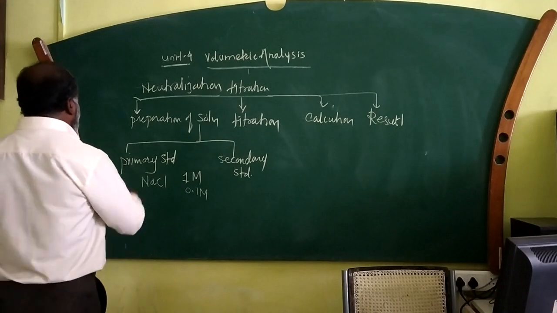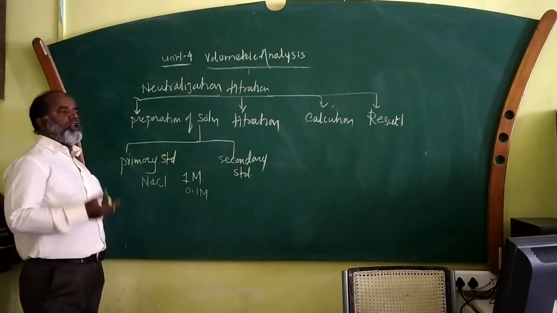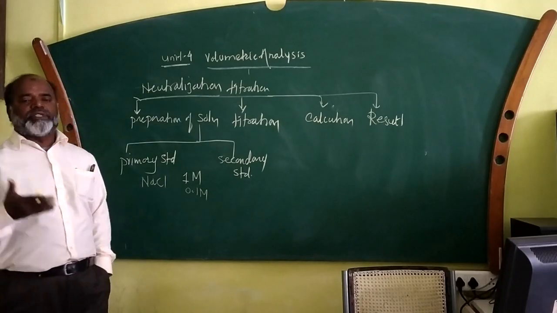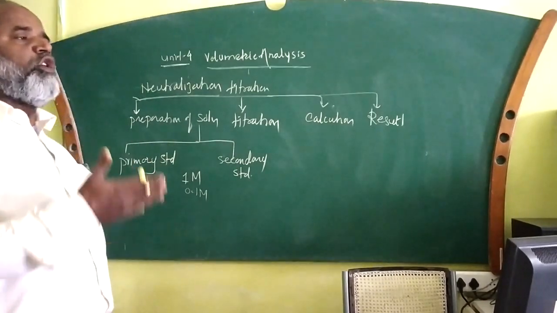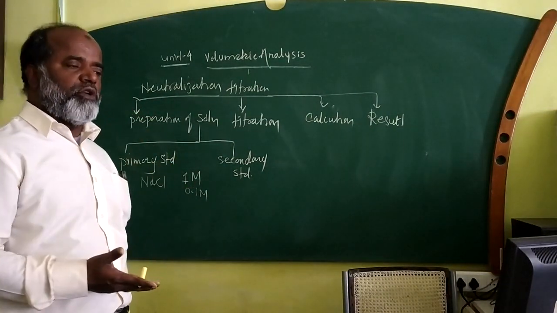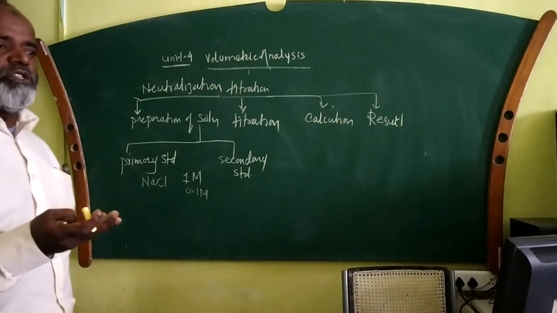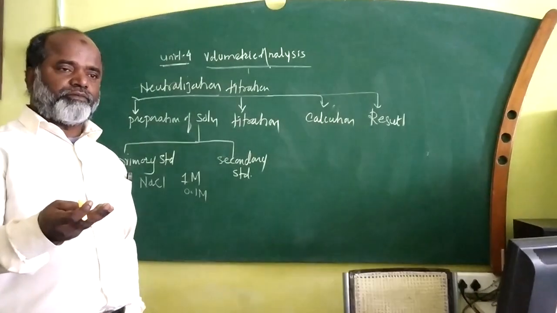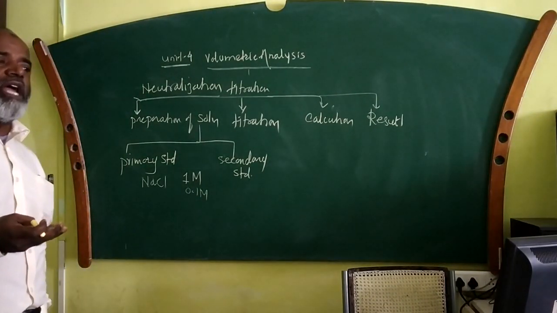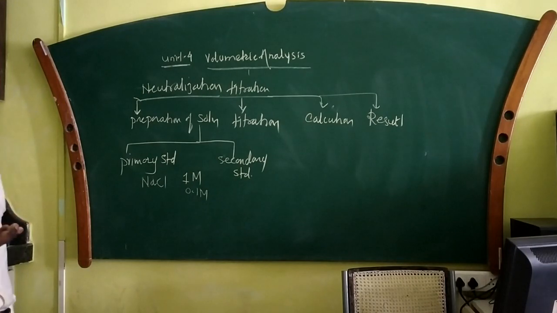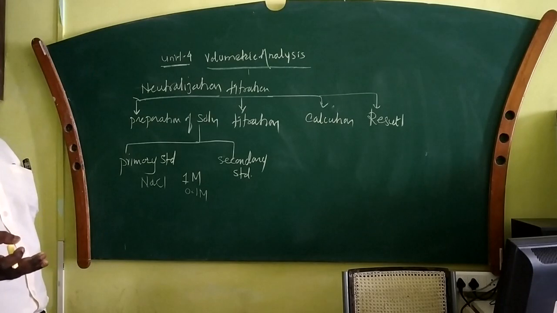For example, there are so many examples where that substance can become primary standard. Which substance comes under primary standard category? Which substance, when dissolved in a suitable quantity of a given solvent, will give exact concentration of solution. So remember, that substance should not be hygroscopic. That substance should not get oxidized. It should have high molecular weight, high equivalent weight.